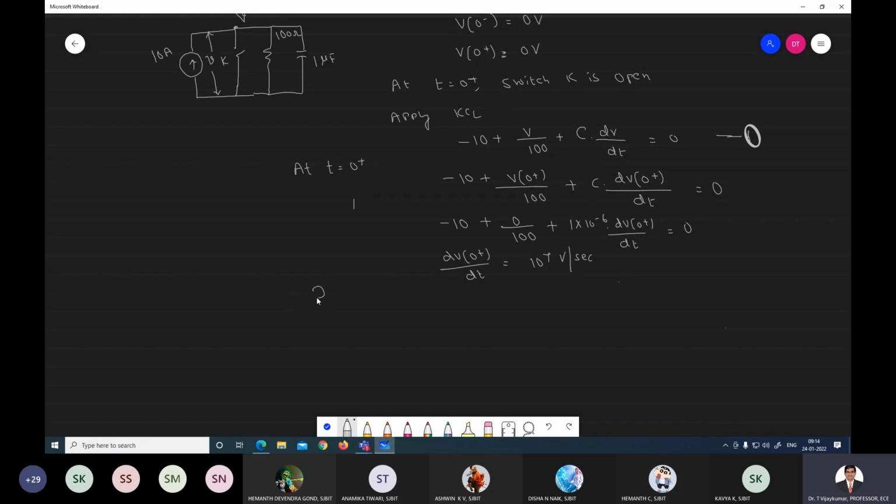Differentiate equation 1 with respect to t.